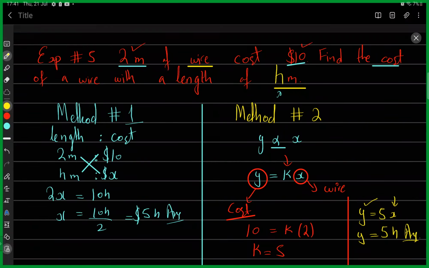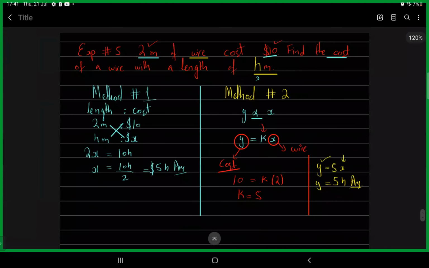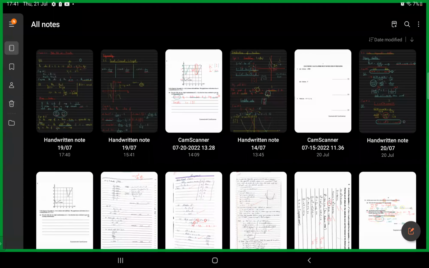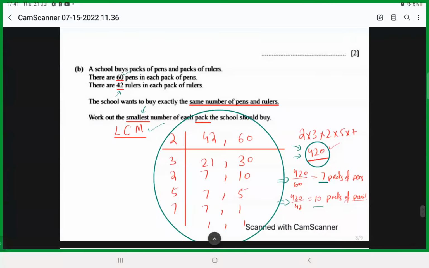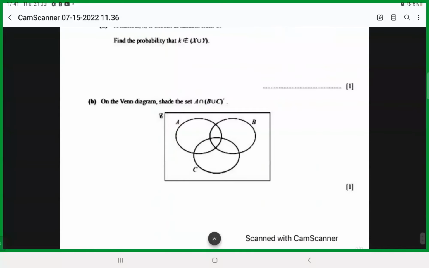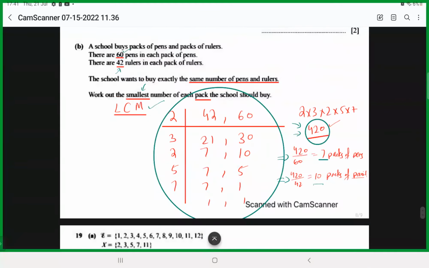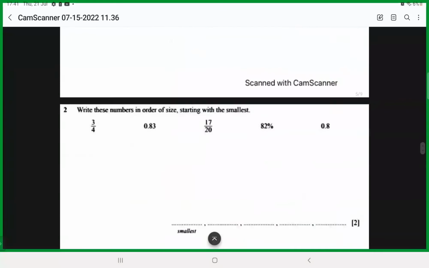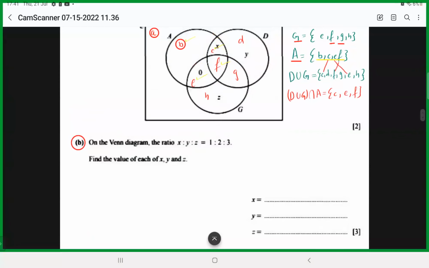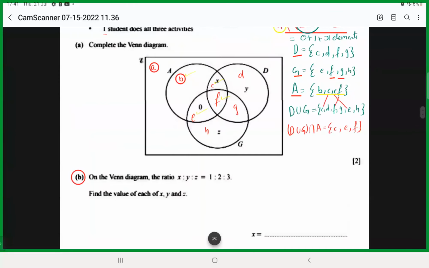I am going back to the past paper, to the homework question which you guys wanted me to solve. Here it is. This one, basically the second part of the question.